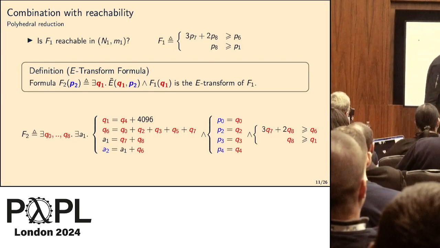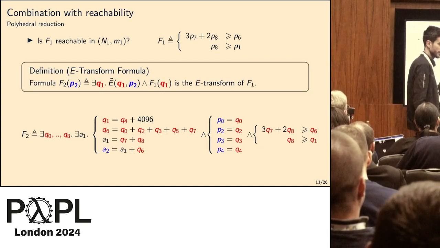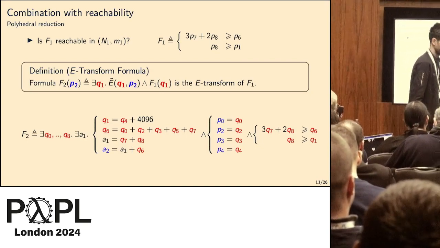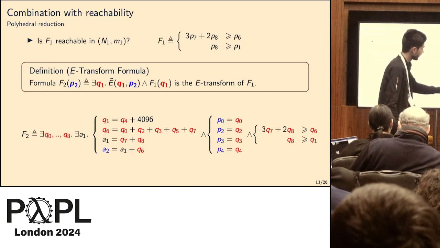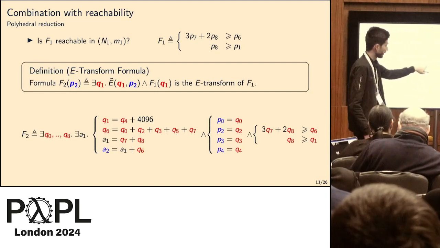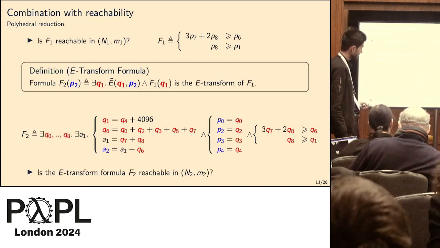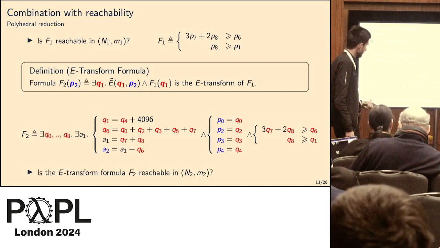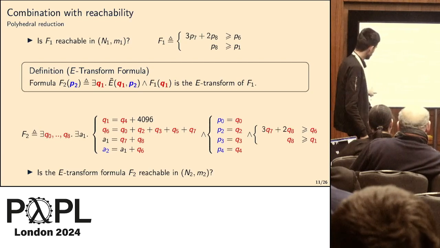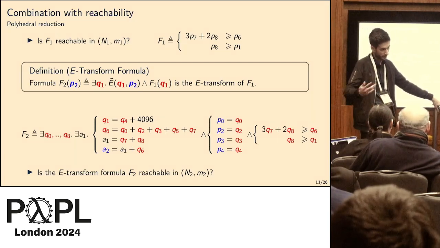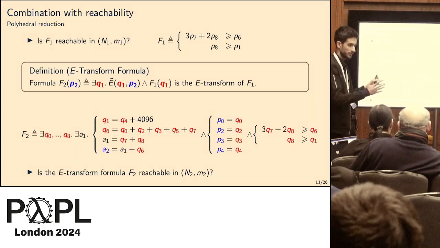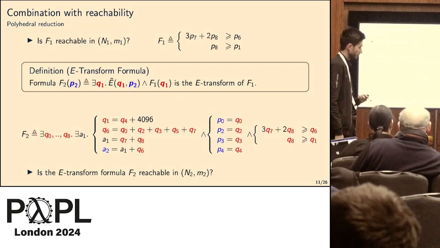When we have a place that is common in both nets, we assert the equality between the variable from the initial net and the reduced net, and we assert our predicate L1 that we want to check is reachable. So we have a much simpler problem: is the E-transform formula F2 reachable in the reduced net N2? Since the net is smaller, model checking performs better.